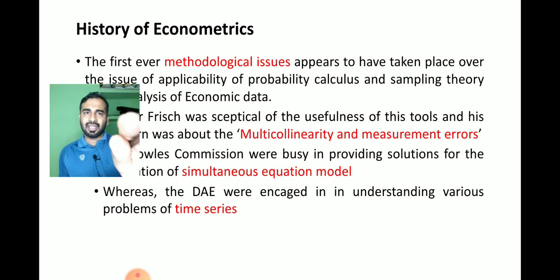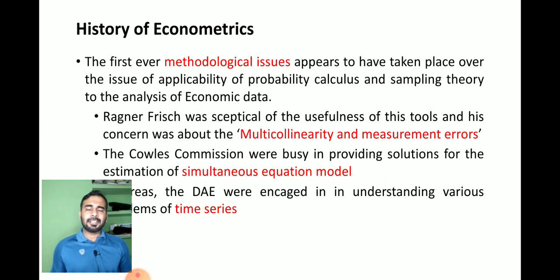Then after the formation of the Econometric Society in 1931, there were some issues. The issue was basically what would be the priority of econometrics. The first methodological issue that appeared in the field of econometrics was the applicability of probability calculus and sampling theory to the analysis of economic data.